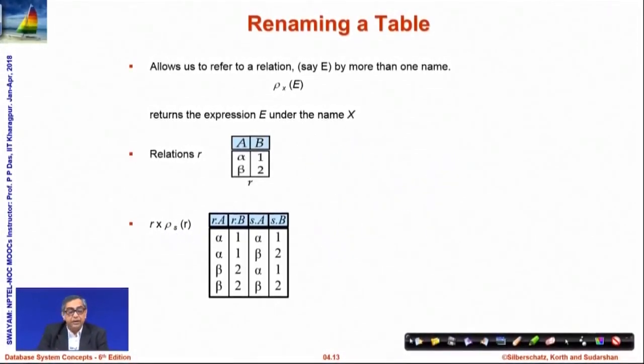Renaming a table is another feature which is provided. Of course, it is not a fundamental operation of the algebra, but it is what makes any kind of Cartesian product possible.